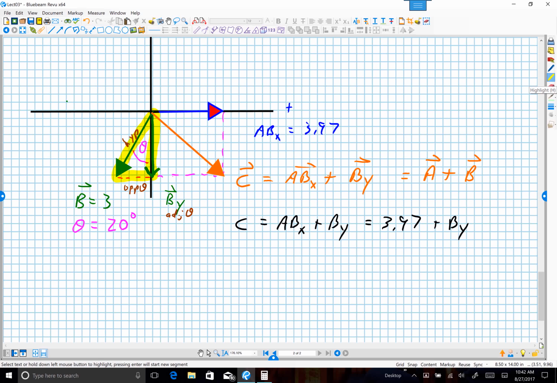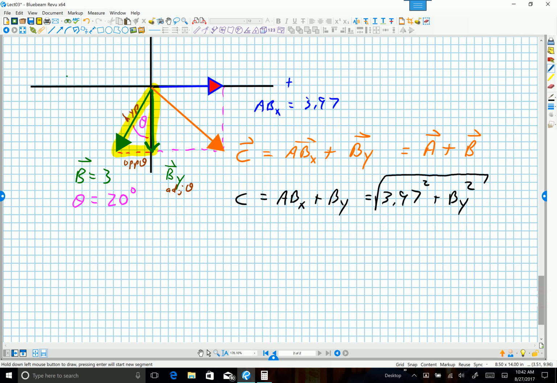You always have to go back to the diagram. This is ABX, this is BY. They're perpendicular to each other. So I have to add like Pythagoras. I have to square each of these and then take the square root. Then I'll have C. Well, I don't know what BY is. So I need to do some more trig.